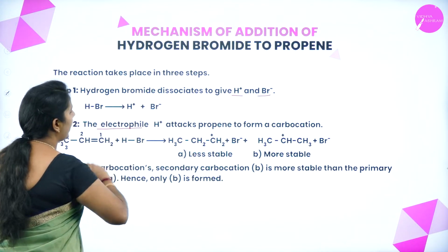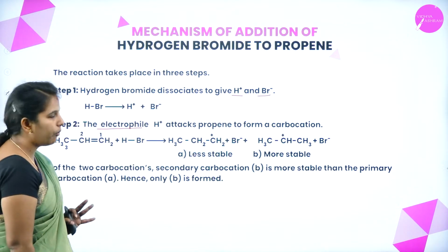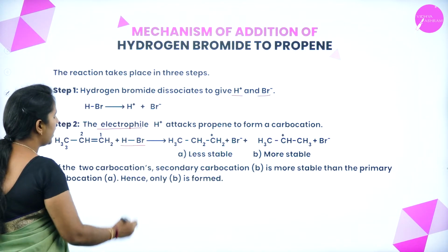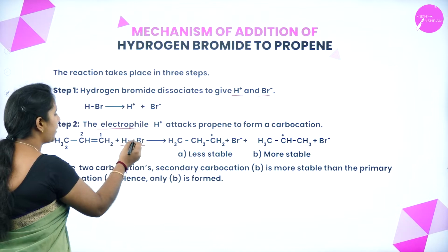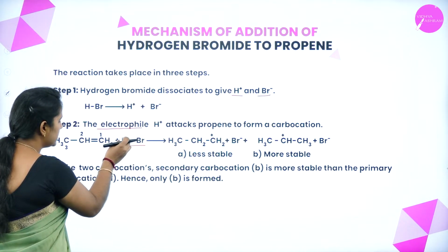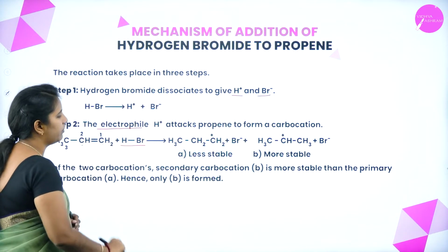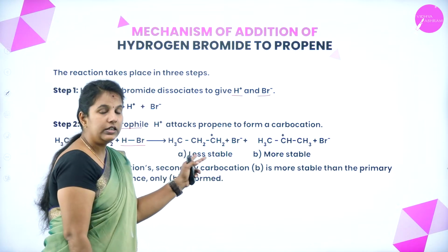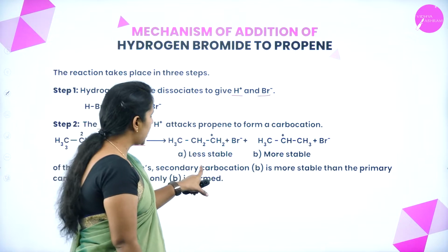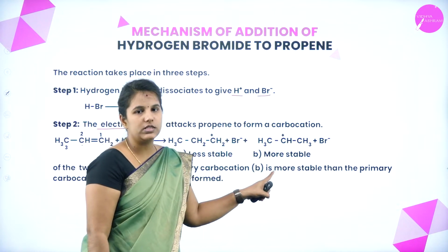The electrophile H plus attacks the propene to form a carbocation. Here we know that HBr consists of H plus ions and Br minus ions. This electrophile, the H plus ion, can attach to the first carbon atom as well as the second carbon atom to form different types of carbocation. One is less stable, another is more stable.